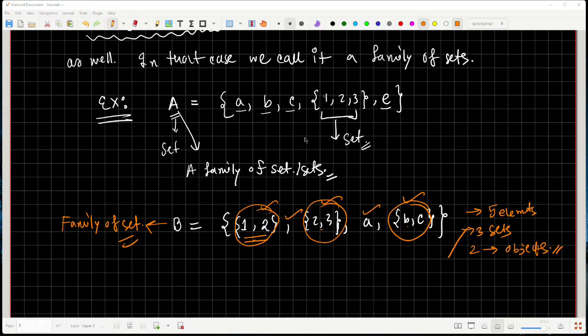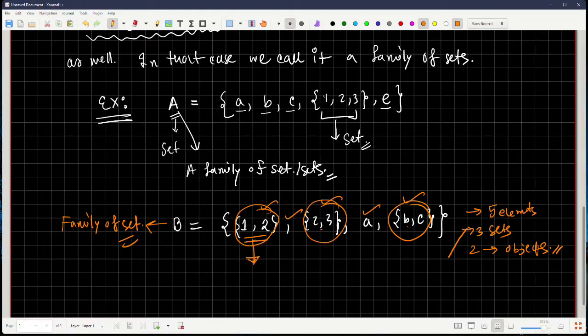For the example you gave for B, how is it 5 elements? Oh, because this is a set, right? 1 and 2. But now what you're doing is that you're putting this inside another set, right? And this set itself is another element of set B, right? Oh yeah, got it.